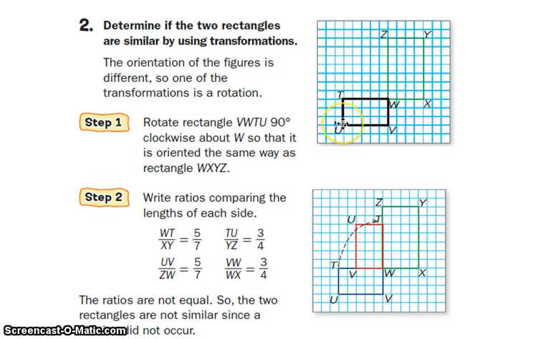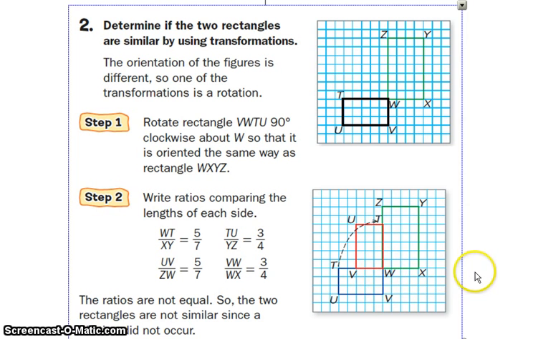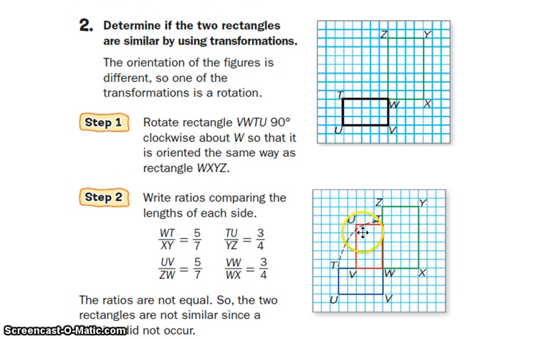Okay? So you can see down here, do you see what they've done? They've taken this shape, they've held point W right where it is, and they just rotated that shape 90 degrees. Okay? So once we do that, we can compare corresponding sides.